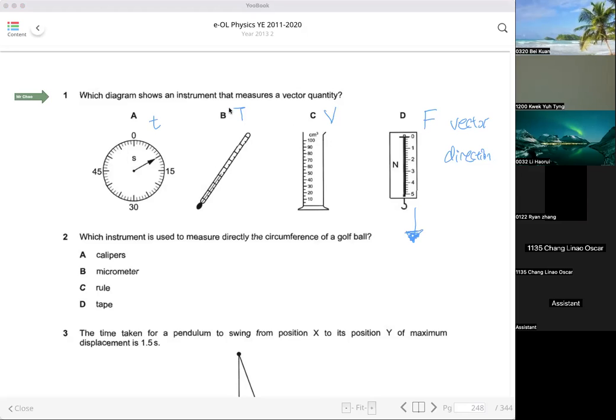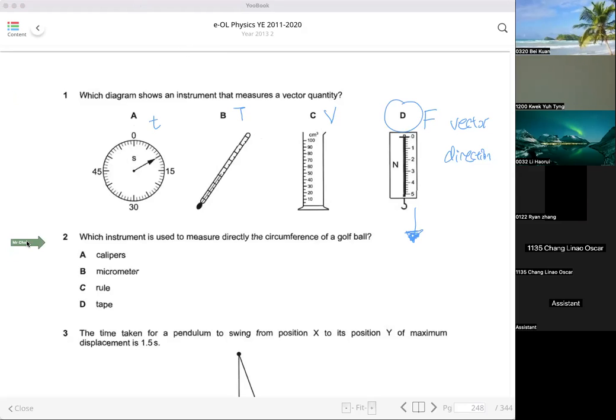There's no direction. Temperature is how hot the item is. There's no direction. Time is how fast. I don't know how to define time. So basically A, B, C are scalar quantities. Only D is a vector quantity. So the answer is D. Well done to everybody.